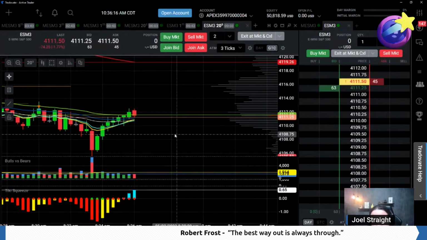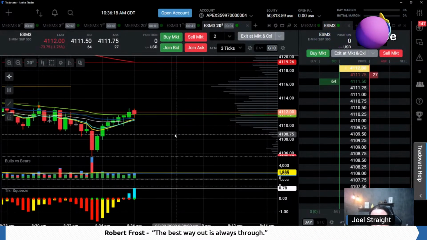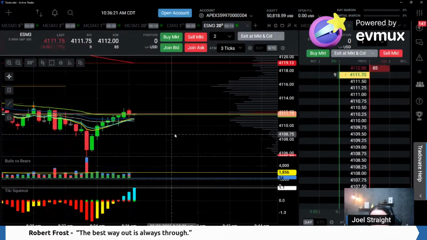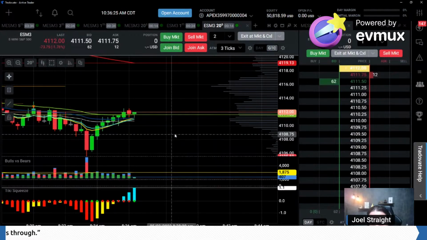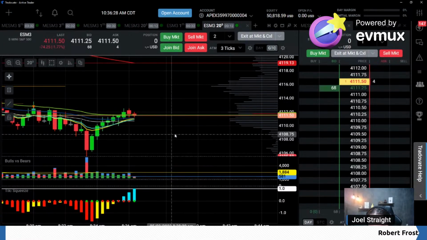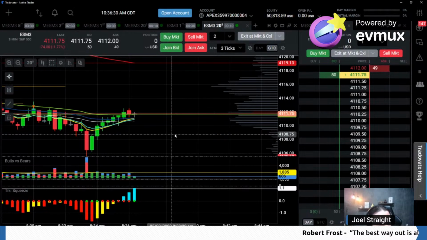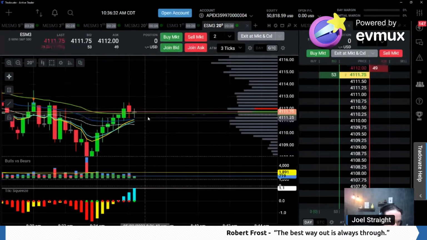So 41.19.26 on the 200 moving average. We'll see what happens in a couple seconds. So drop 12 cents or 13 cents. And this one's at about 41.11.50 or so. So we're going to watch what happens. That honestly looks like a long right there.